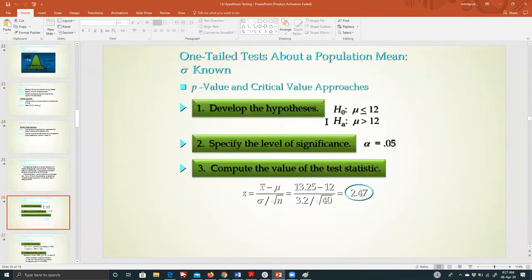Okay. So let's first develop the hypothesis.